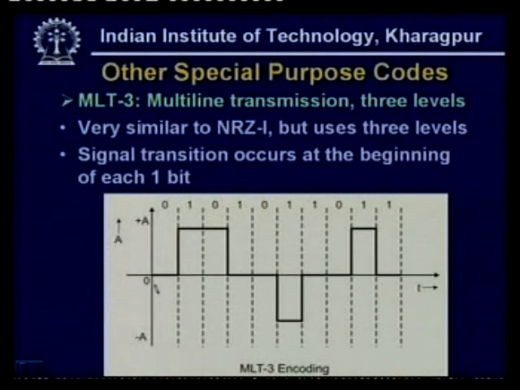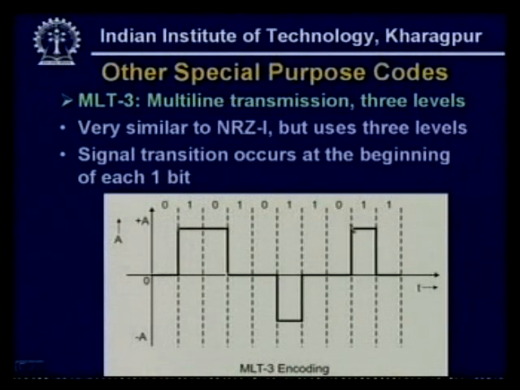So, here we see signal transition occurs at the beginning of each 1 bit. Whenever it is a 1, it makes a transition from 0 to 1, and here also it makes a transition from 0 to 1, 1 to 0. So, here we can see we are using 0 to plus 1, then plus 1 to 0, again from 0 to minus 1.